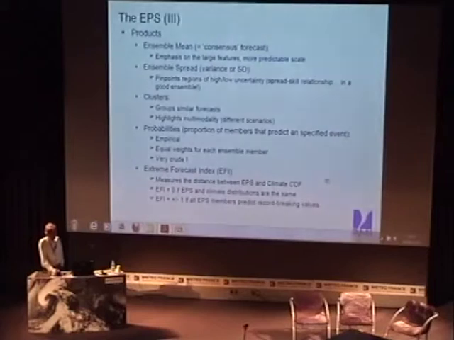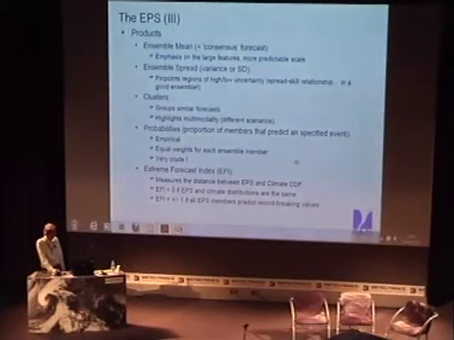You also can build indices like the Extreme Forecast Index, which gives you the potential for extreme weather. The principle is that it measures the distance between your ensemble distribution of all 51 forecasts and the climate distribution.